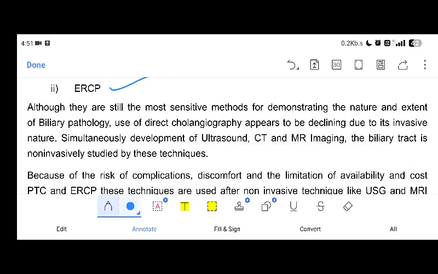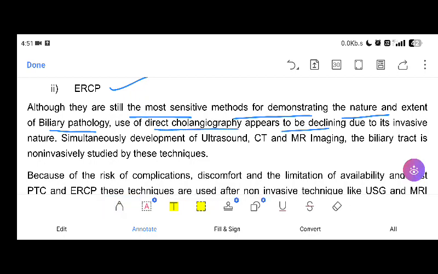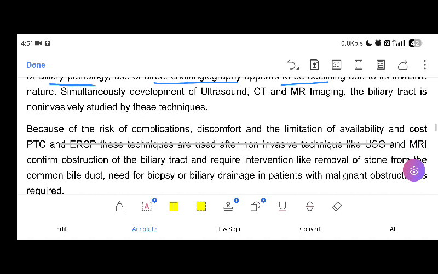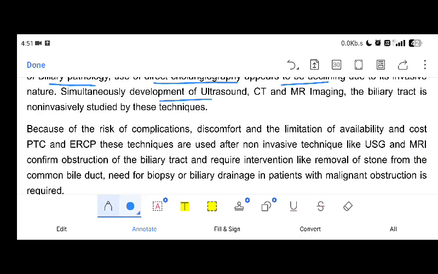Although they are still the most sensitive methods for demonstrating the nature and extent of biliary pathology, the use of direct cholangiography appears to be declining due to its invasive nature, and simultaneously the development of ultrasound, CT and MR imaging. The biliary tract is studied non-invasively by these techniques.